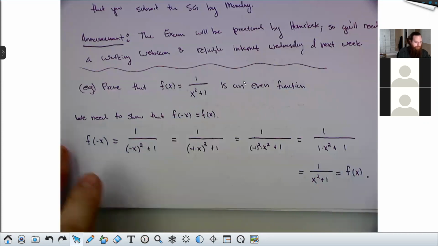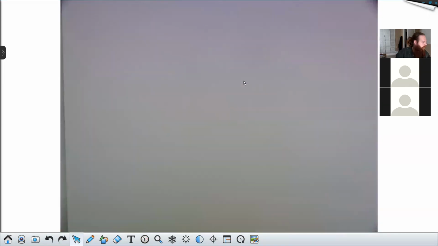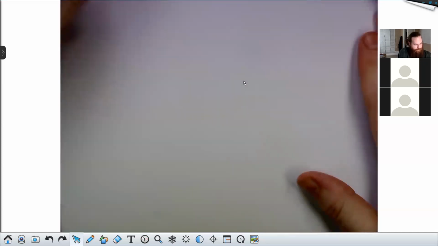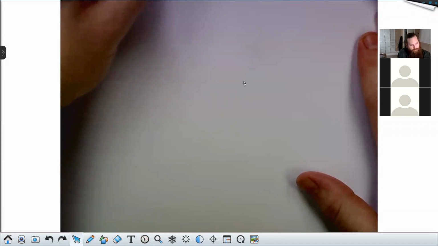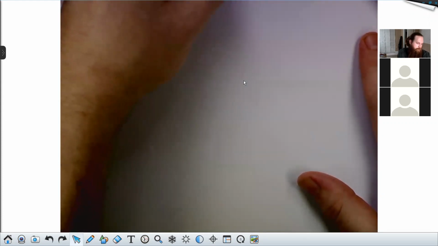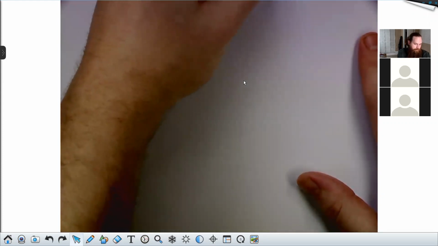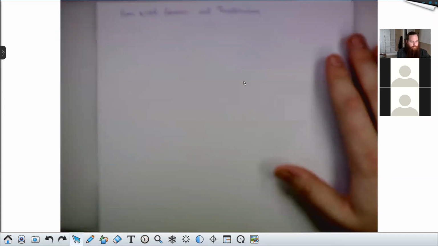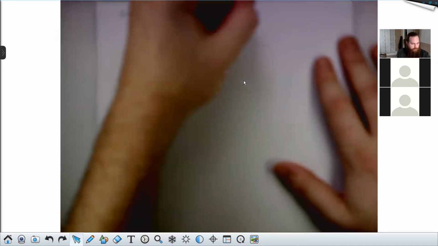So, how does this connect to transformations? Even and odd functions and transformations.